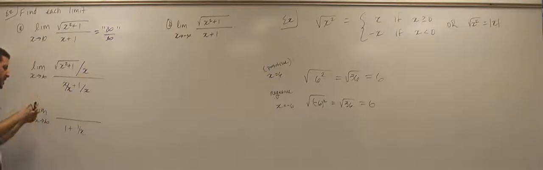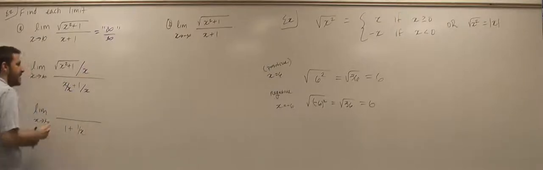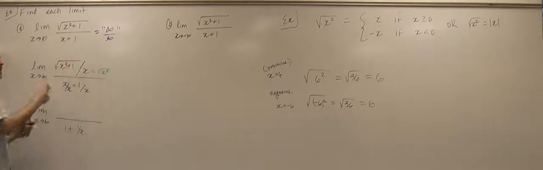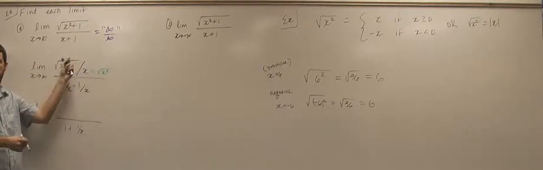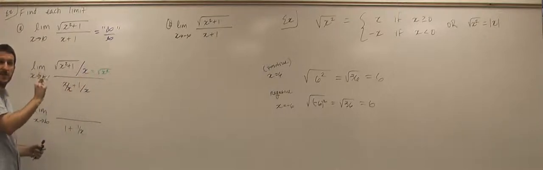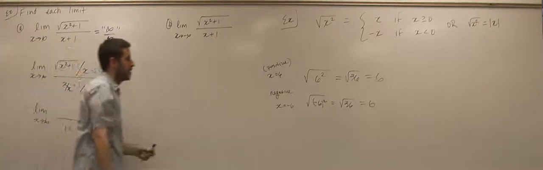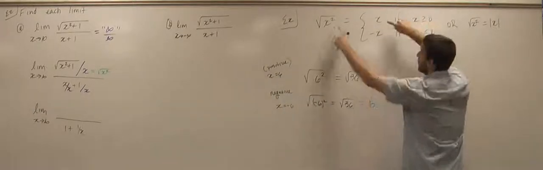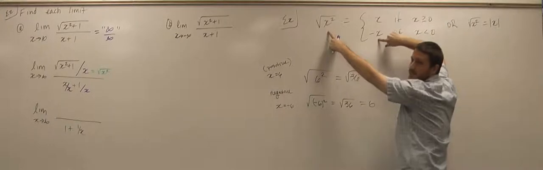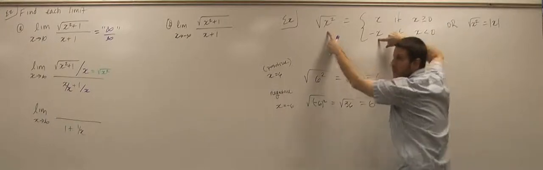You would like to say that this is equal to square root of x squared, because then you can combine them since they're both under square roots. Is this equal to this? It depends on if x is positive or negative. If x is positive, they're equal. If x is negative, then actually you need negative x to make that substitution.